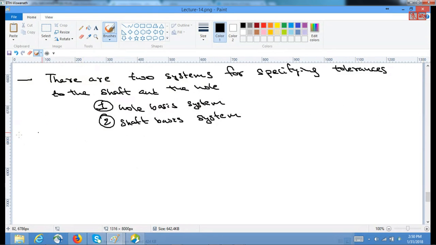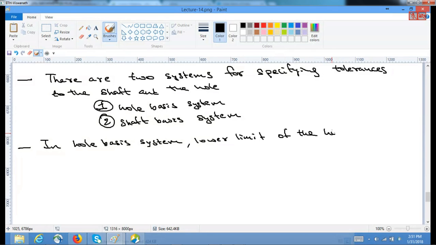In the hole basis system, the lower limit of the hole coincides with the zero line.